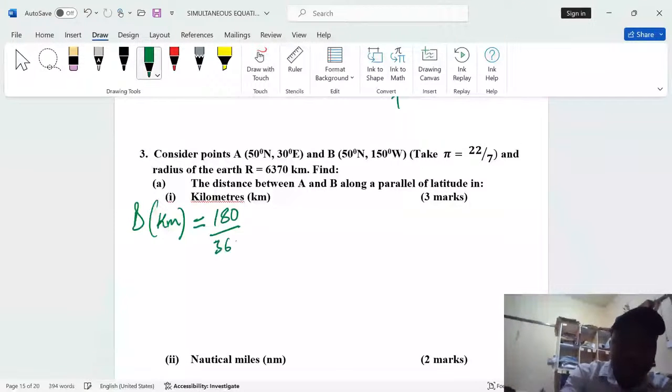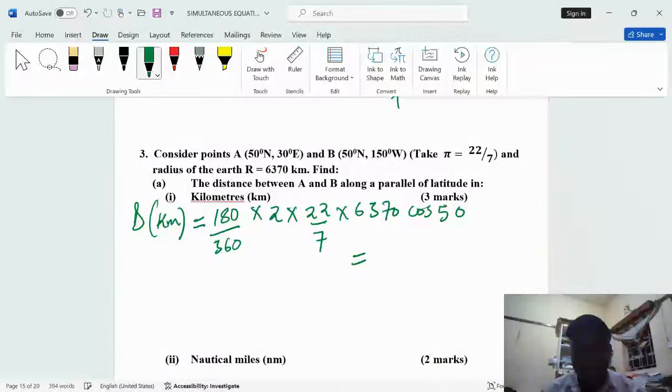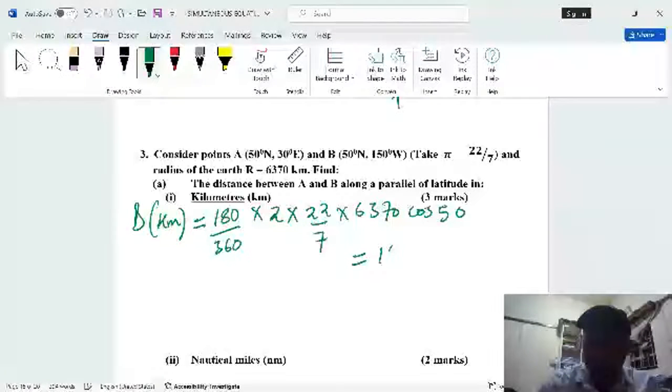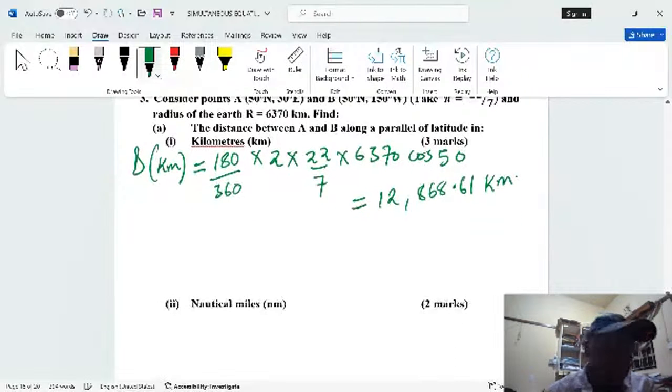Divide by 360, multiplied by 2, multiplied by 22 out of 7, multiplied by 6370, cosine of the latitude where we are moving across, that is latitude 50. You will get exactly 12,868.61 kilometers. That is the distance in kilometers.